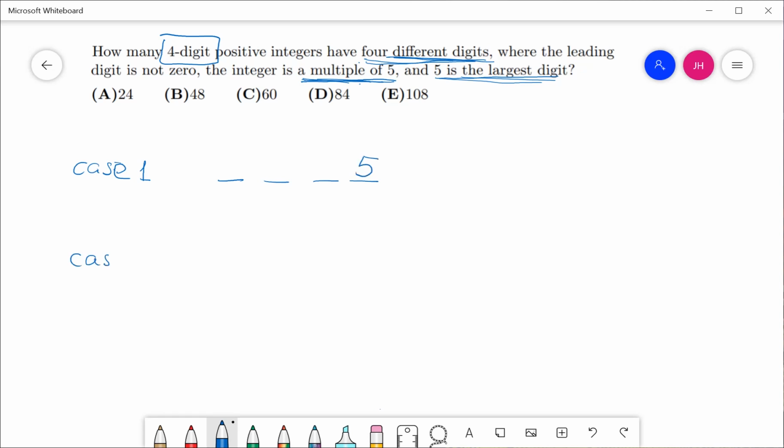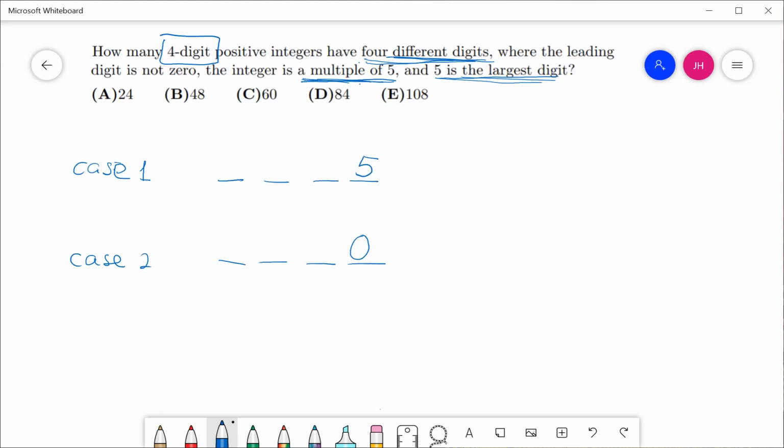Case 2, of course, is the other way: the ending digit is 0. We only have such 2 cases for an integer to be a multiple of 5. There are no other cases. And any integer that belongs to case 1 doesn't belong to case 2, and vice versa. If an integer has ones digit 0, of course, it cannot end with 5.